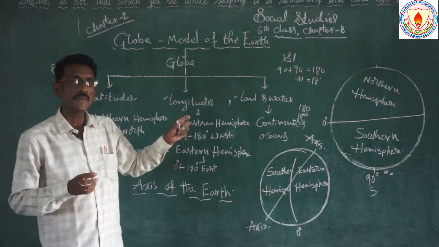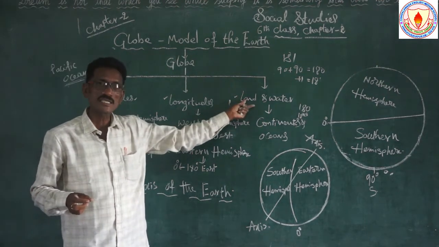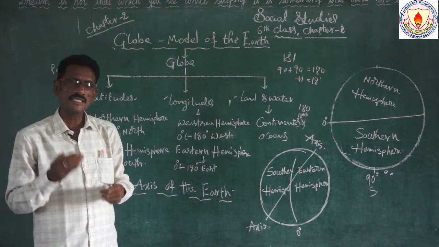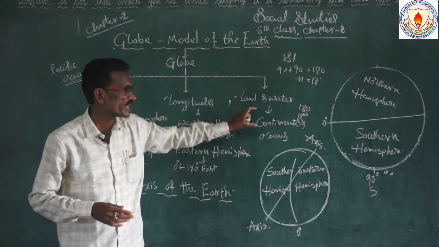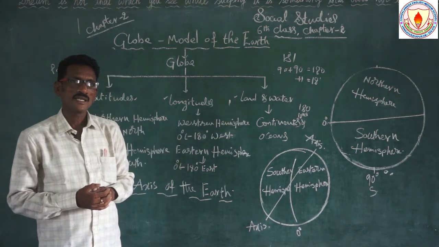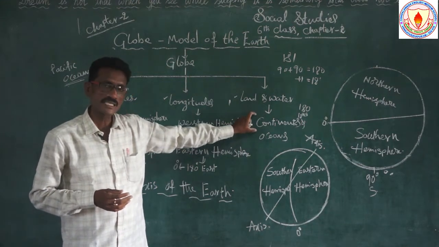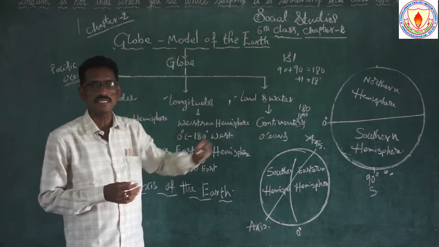These are the main important land masses and water bodies on the globe. We call these land masses continents and the water bodies oceans: 7 continents and 5 oceans.